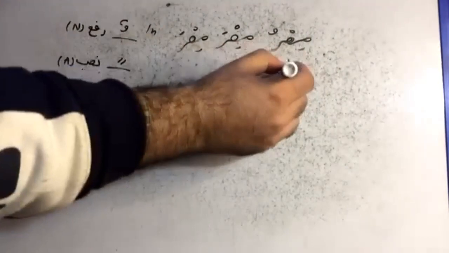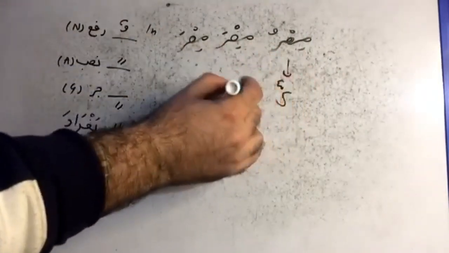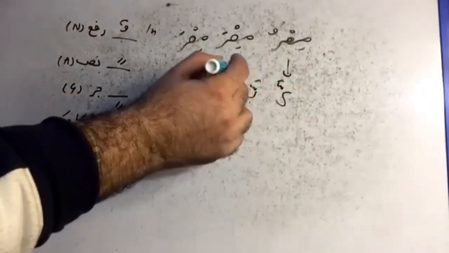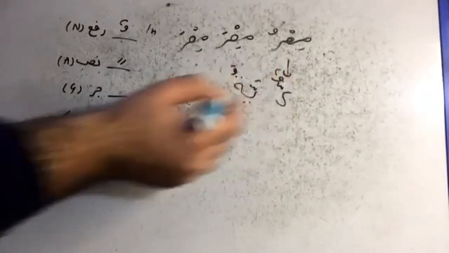It's not ghair munsarif when it converts into sifat because we're adding ya. The nisbah is munsarif because we already added the tanween, right? If we're adding a tanween, that means it's no longer ghair munsarif. Is it clear?